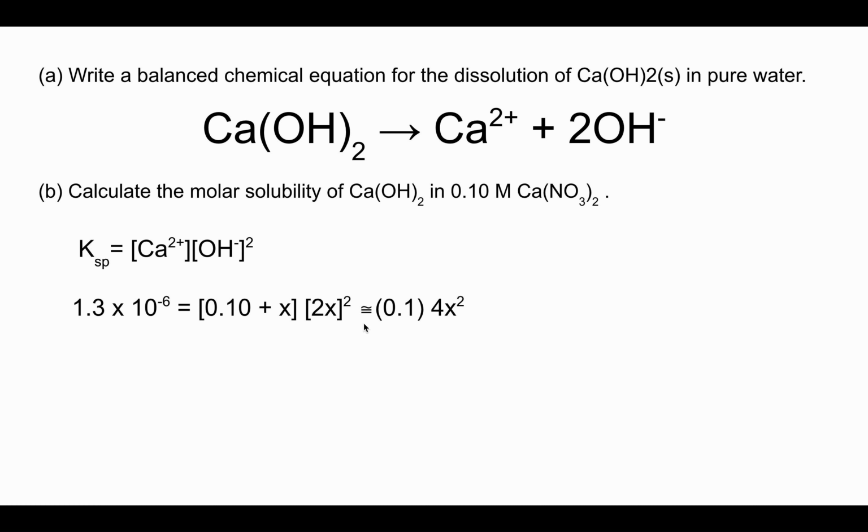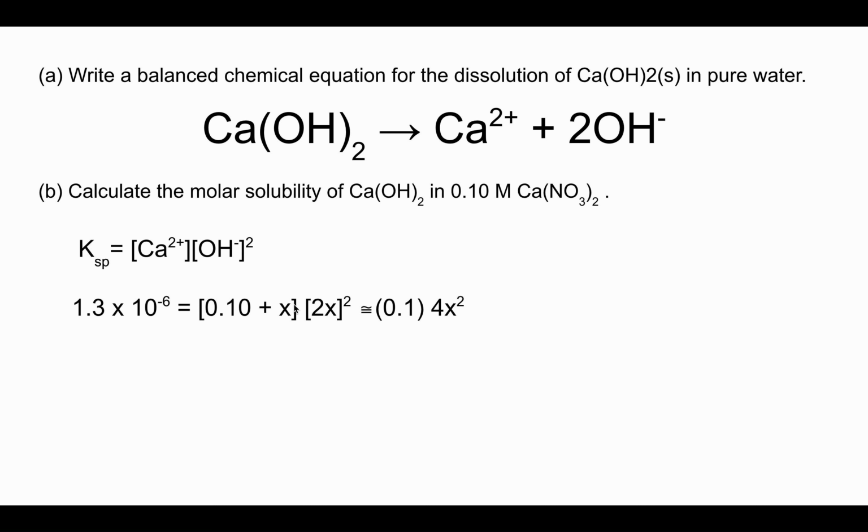Alright, so something important to note in these kinds of problems with a common ion is that you can cancel out this x. And that removes a lot of extra work, setting up, in this case, a quadratic equation to try to solve this. You don't have to do that.